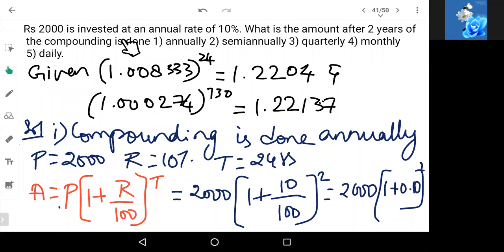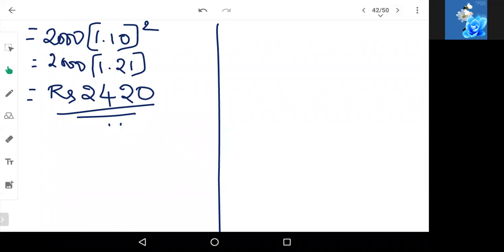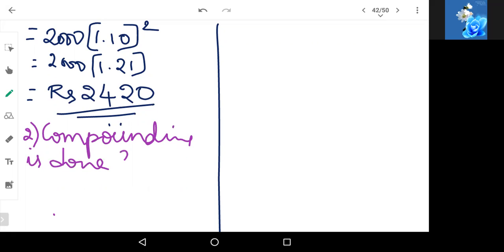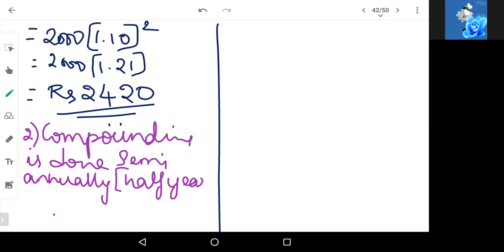Now the next part is semi-annually. Semi-annually means compounding is done semi-annually, or you can say half yearly. So write down what all is there.